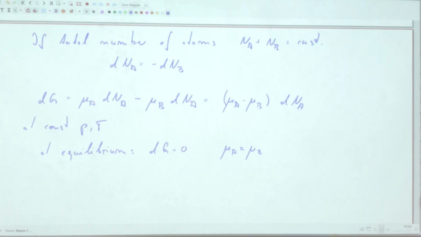What does it mean? If you bring two systems in contact and they can exchange atoms, they do it until the chemical potentials of both sides are equal. At some point you probably learned that we have diffusion if concentrations are different.